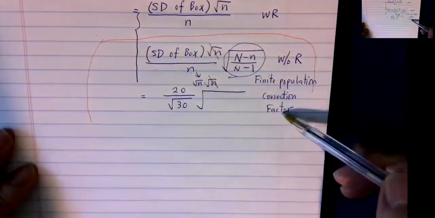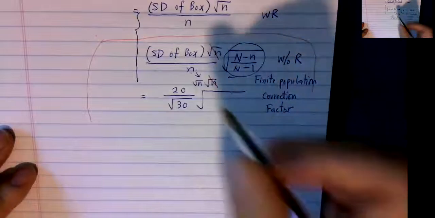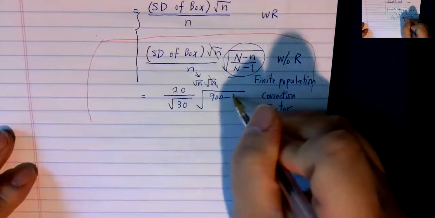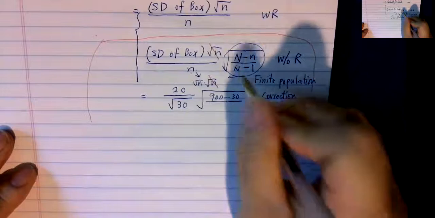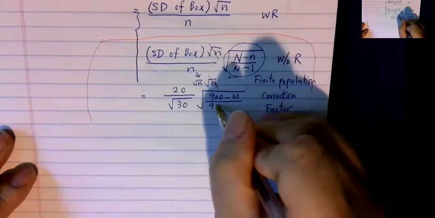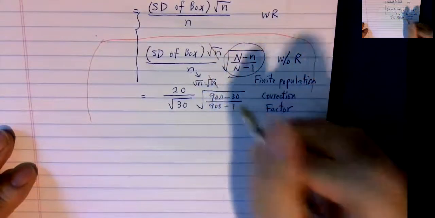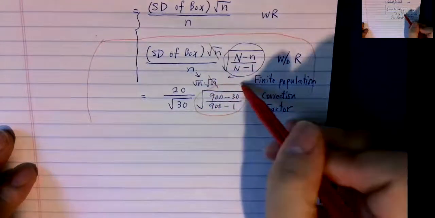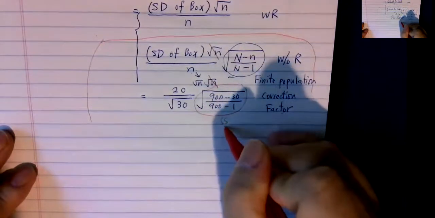Capital N is 900, the sample size is 30, divided by capital N again, 900, minus 1. If you calculate this number, it is almost close to 1.